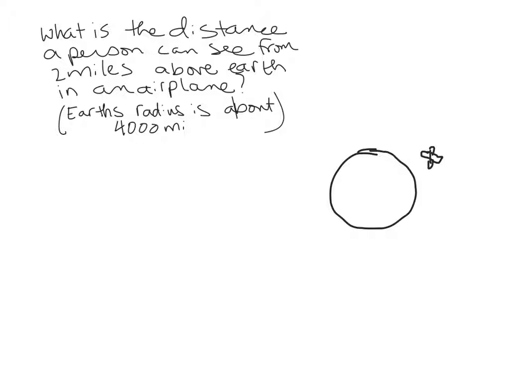It's really good. And we want to know, this person is sitting in the airplane. How far can they see? So when they stop seeing, that's the point of tangency to the Earth.